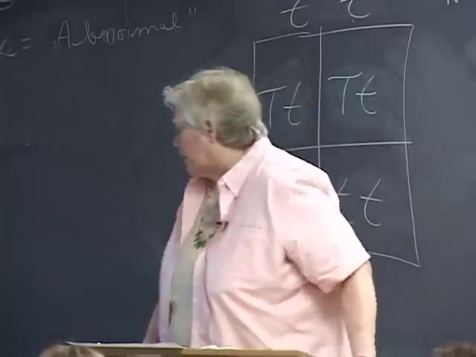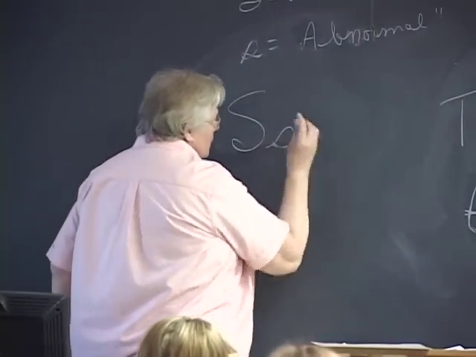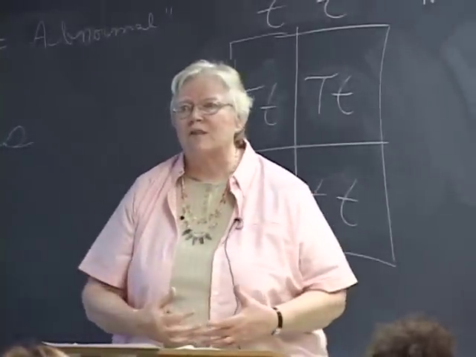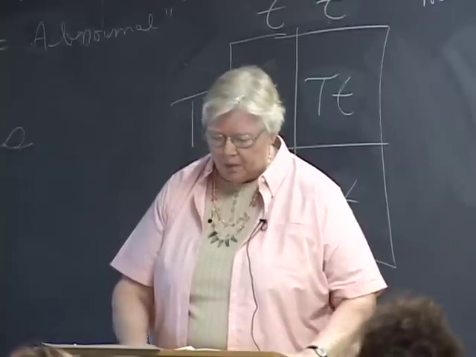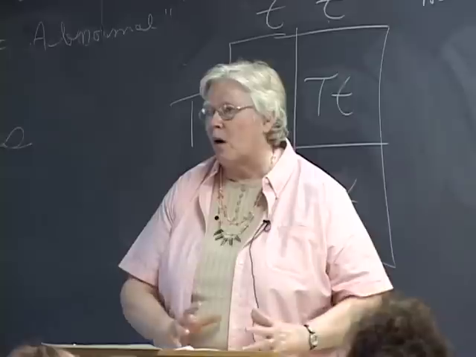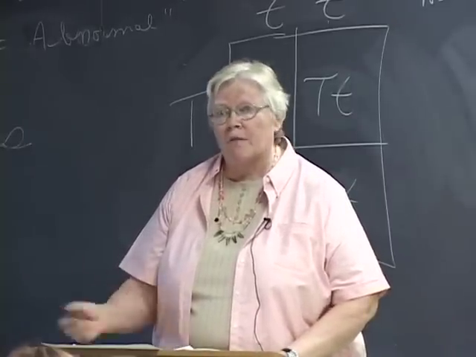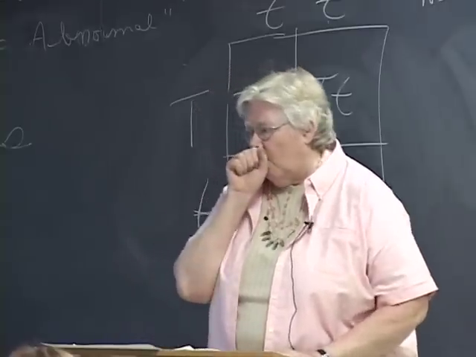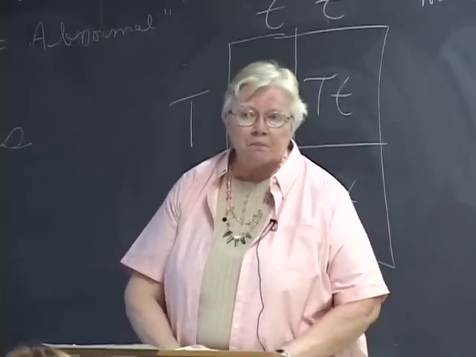You would think that if your genotype were this, you would have 50% of your cells normal and 50% of your cells abnormal. But that isn't true. Some people have only a small portion of their cells with the abnormal hemoglobin. Some people have higher than 50% with abnormal hemoglobin. So there's a lot of variation.